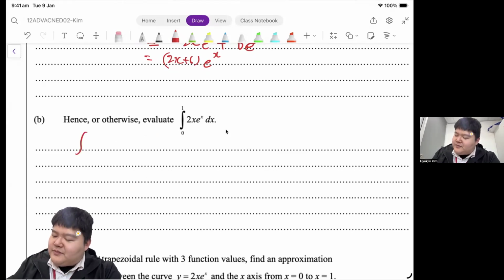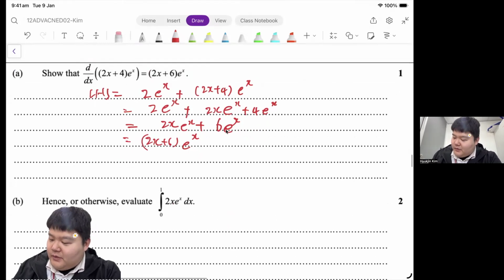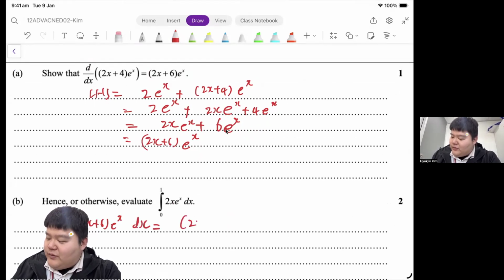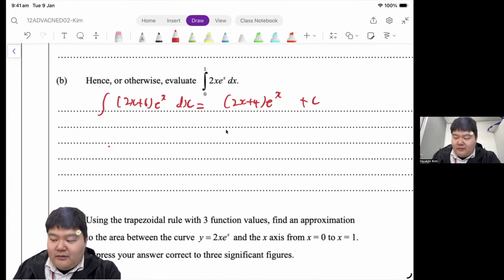We know from the previous part, if I wanted to integrate 2x plus 6 e to the x dx, I should end up with 2x plus 4 e to the x plus c. Now, I only want the 2x e to the x bit, but that's if I were to expand this out, right?